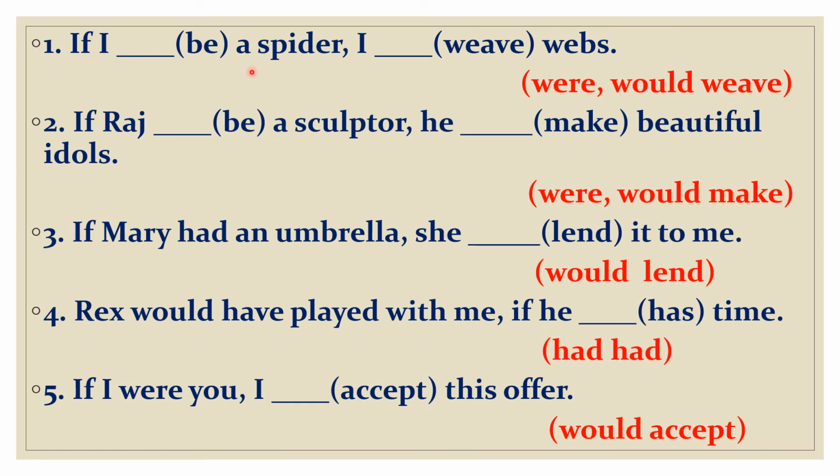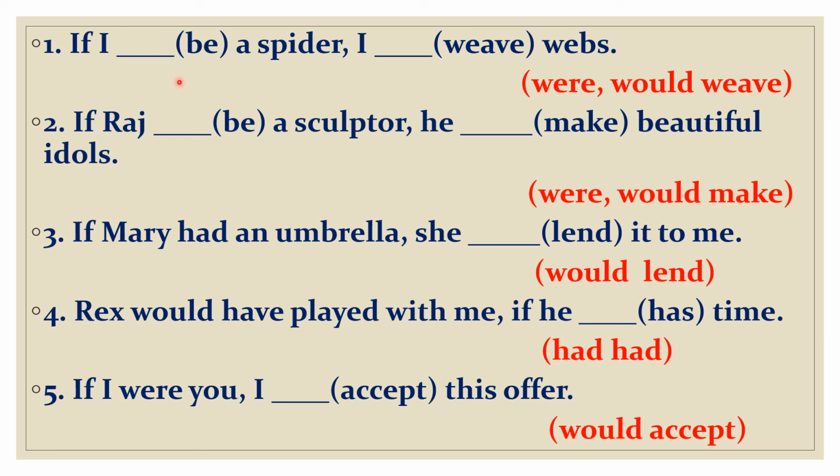See the sentence. If I dash a spider, I dash webs. This is a second type. In a hypothetical condition or in an imaginary condition, use were after I. So, if I were a spider, I would weave webs.